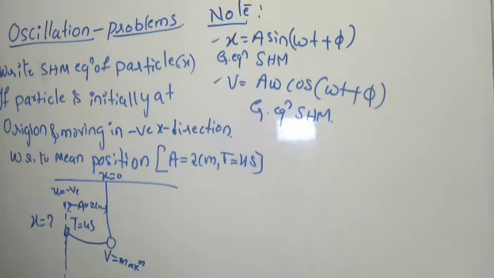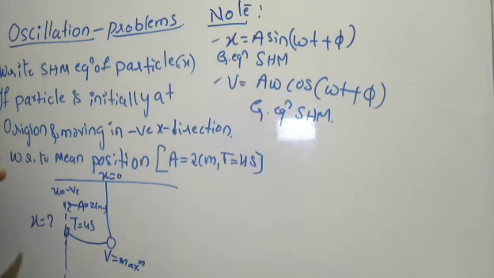The time period is given as 4 seconds, which means the displacement of the particle from the mean position in the negative x direction and its velocity should be consistent. Only then can we determine the time period of the particle.